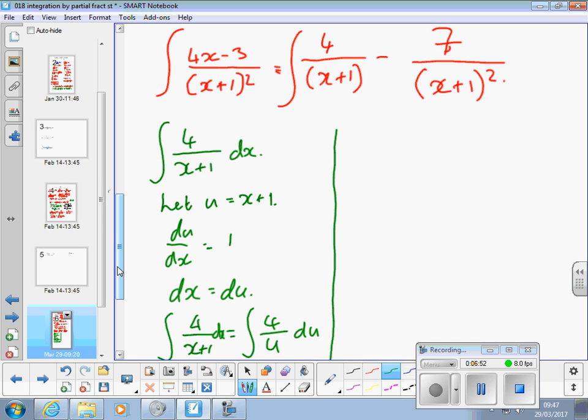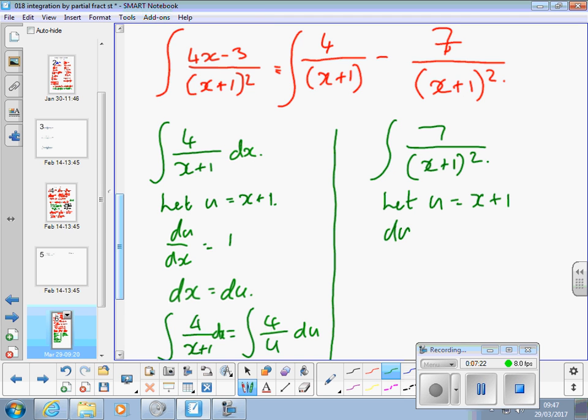So that's fairly standard. But over this side, we've got the integral of 7 over x plus 1 squared. Again, we'll let u equal x plus 1. And we have done these before, but it's a few weeks ago now, when we did substitution. So then we can write that integral.